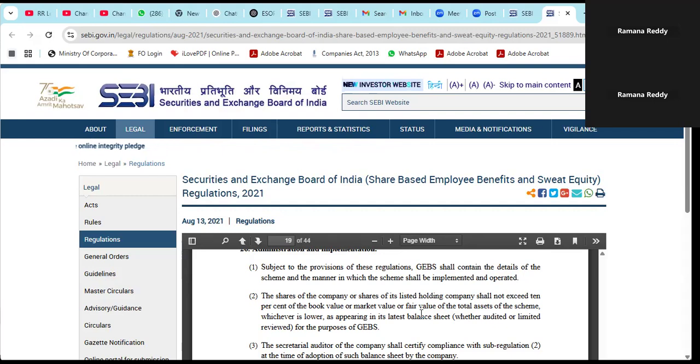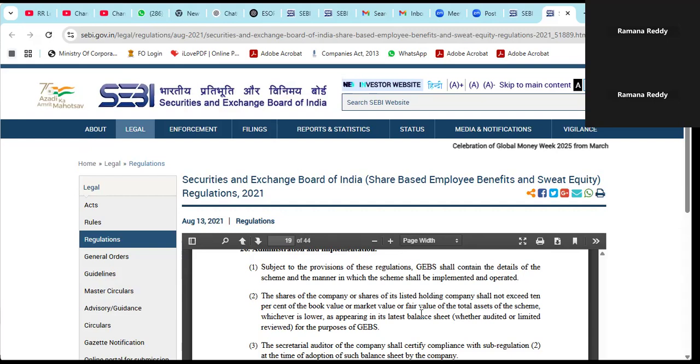Either book value or market value or fair value, whichever is the lowest as per the latest balance sheet, of the total assets of the scheme. First, we have to calculate the total assets of the scheme as per book value, market value and fair value, and we have to take whichever is lowest and apply the 10%.